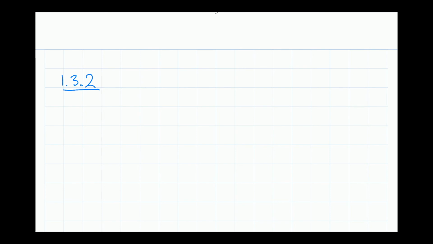Okay, very simple, right? So it just says show not P and P are logically equivalent. All right, very simple, right?